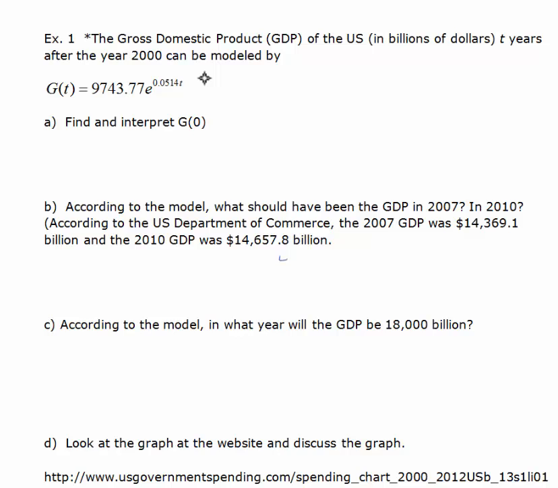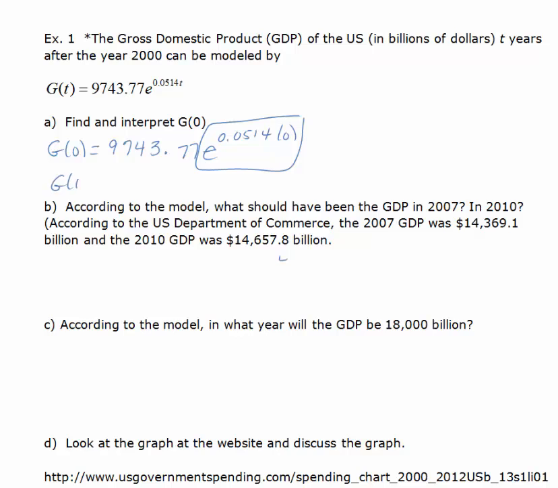We ask the first question: find and interpret g sub 0. Let's first find g sub 0, which means we'll just substitute 0 in for t. Now when that happens, this expression right here equals 1, because it's going to be e to the 0.